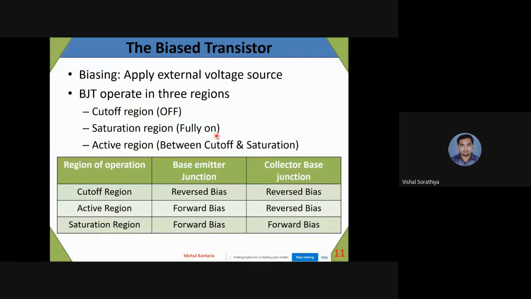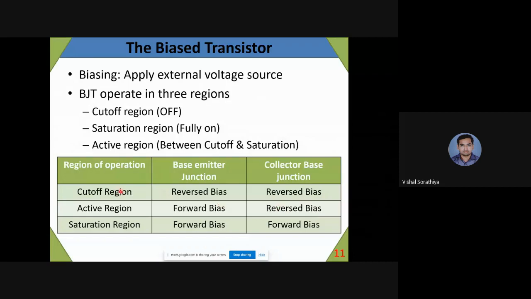Yeah. So this is the stuff we discussed in the last lecture also, and what I want to convey here is that depending upon the biasing or the power supply you have applied, the transistor operates in the cutoff, active or saturation region.